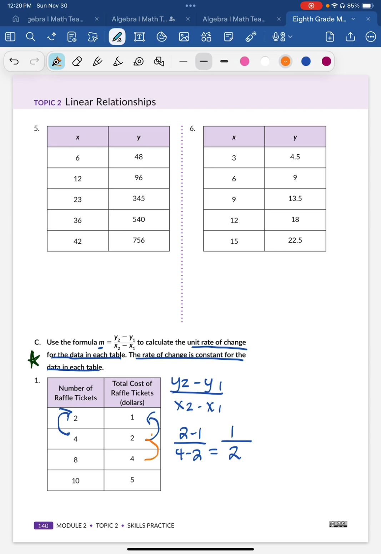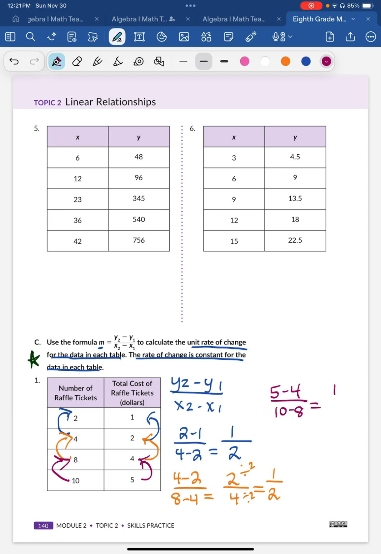So now let's do this one. 4 minus 2 over 8 minus 4. 4 minus 2 is 2. 8 minus 4 is 4. Can we simplify that? Yes, we can simplify that to 1/2. If we divide by 2 on the top and the bottom, we would get 1/2. Now, 5 minus 4 over 10 minus 8, 1 over 2.